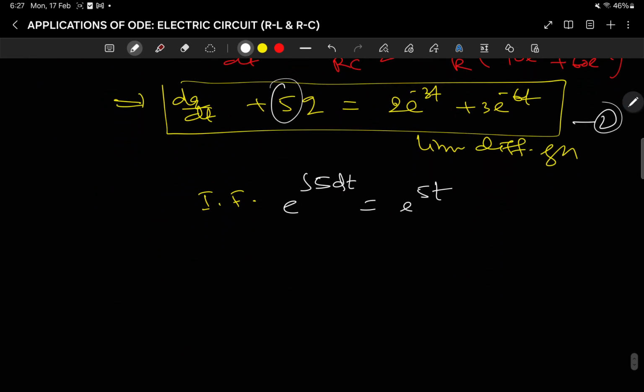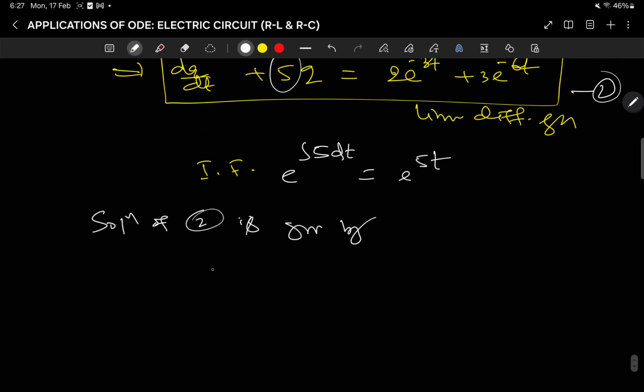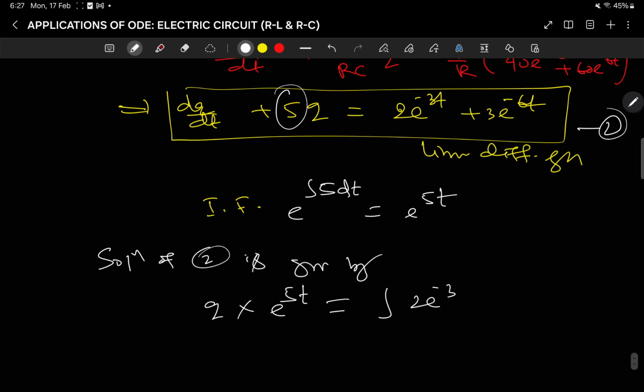Now the solution of 2 is given by Q times the integrating factor e^(5t) equals the integral of (2e^(-3t) + 3e^(-60t)) times e^(5t) dt plus C.